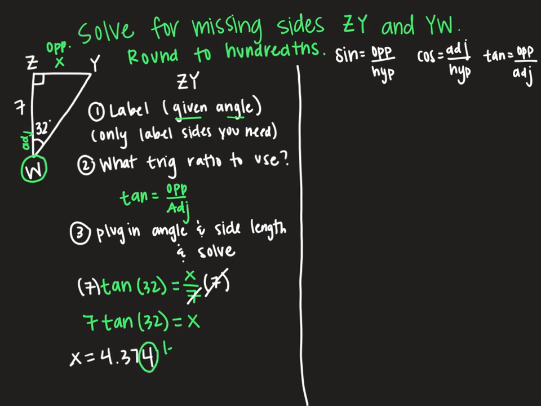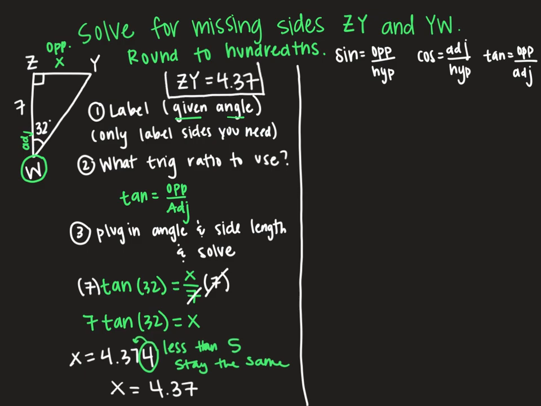Since 4 is less than 5, the second number stays the same. So x equals 4.37, and that's the value of ZY. So ZY equals 4.37, and that's the value of that one side.